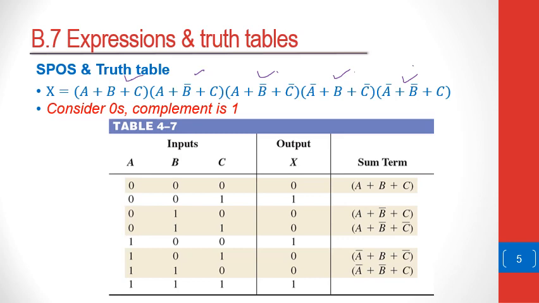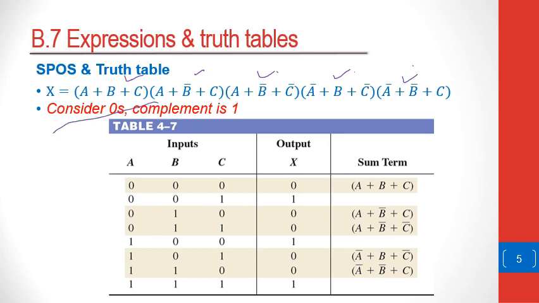Each sum will be equivalent to its own 0, and the way it works is the opposite way. The complement this time around is represented by 1.